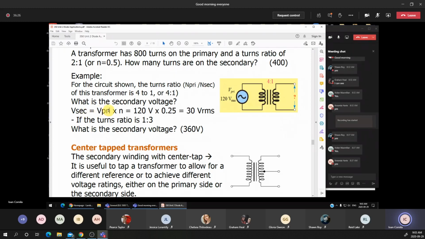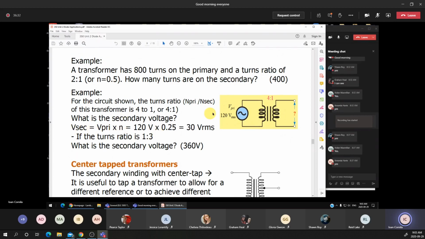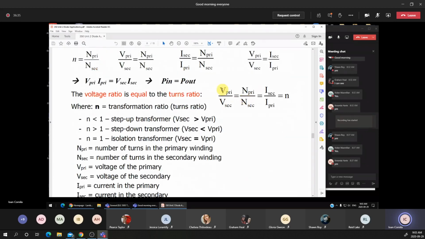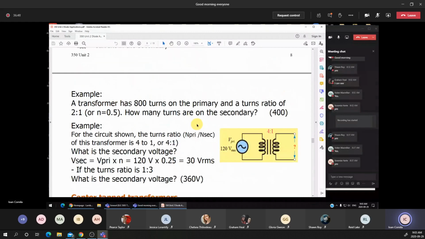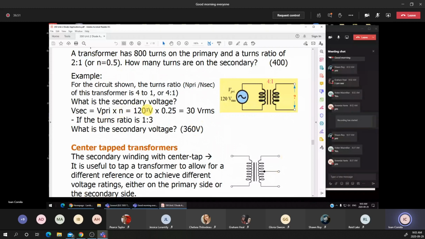It's the primary voltage multiplied by N. Looking back at the main equation, given the primary voltage and given the turn ratio, I'm looking for the secondary voltage, which is the primary voltage multiplied by N. 120 volts RMS multiplied by 0.25, which is 1/4 because it's a step-down transformer, makes the secondary voltage of the transformer 30 volts RMS.